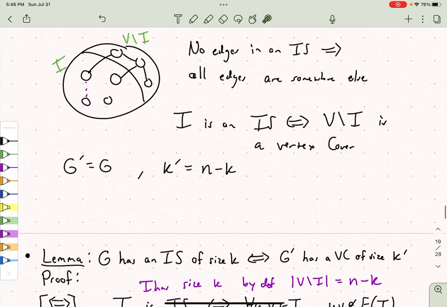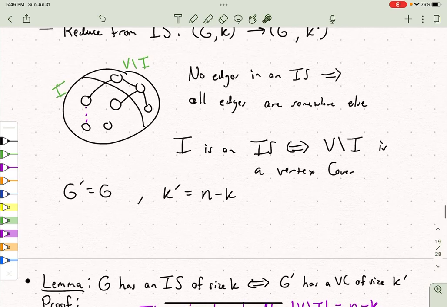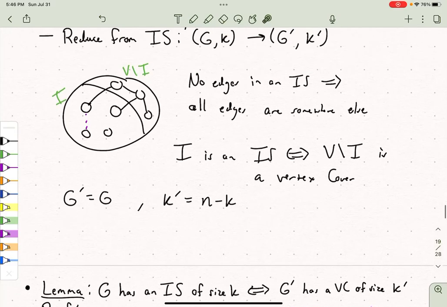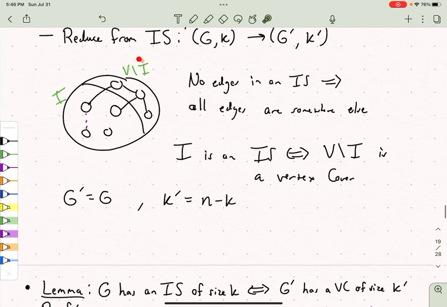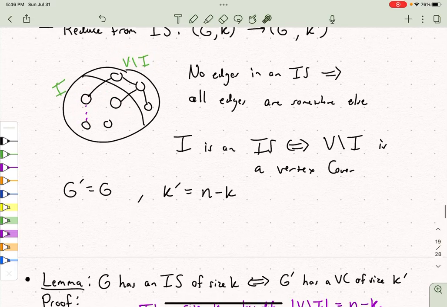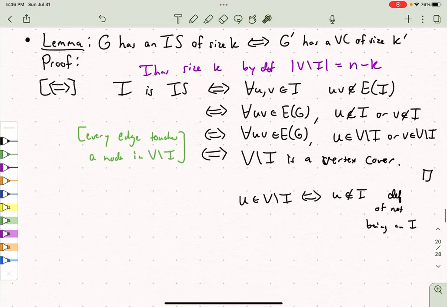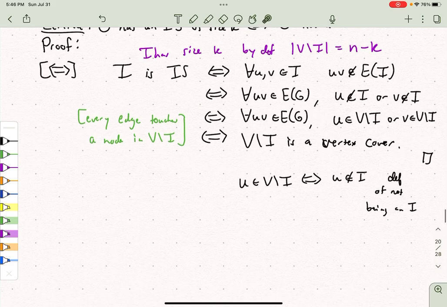And if we wanted to construct the actual set, what is the actual I? Well, the I is just all the things excluded by the vertex cover. So if we took the vertex cover and looked at what things were not in it, that set is the independent set. So that's how you're actually creating an algorithm to solve independent set using vertex cover.